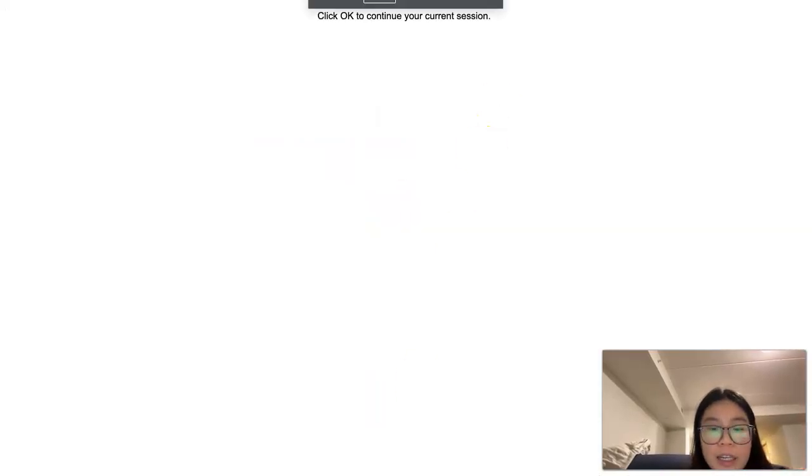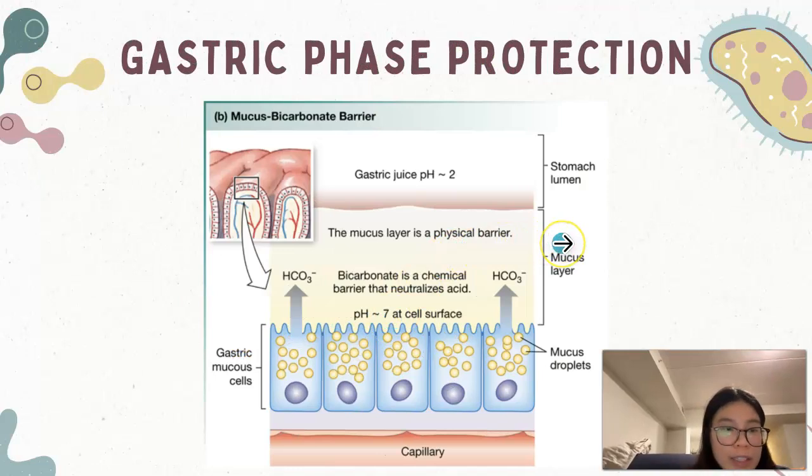How does it not end up eating up the GI tract? Well, the gastric phase is also protected by mucus cells, as previously mentioned. And mucus is a bicarbonate barrier that protects the gastric mucosa from autodigestion, otherwise known as eating up the gastrointestinal tract.